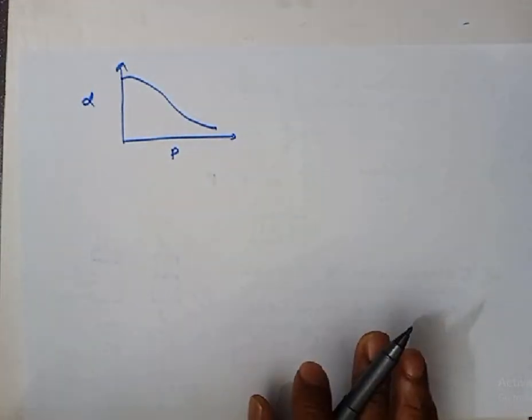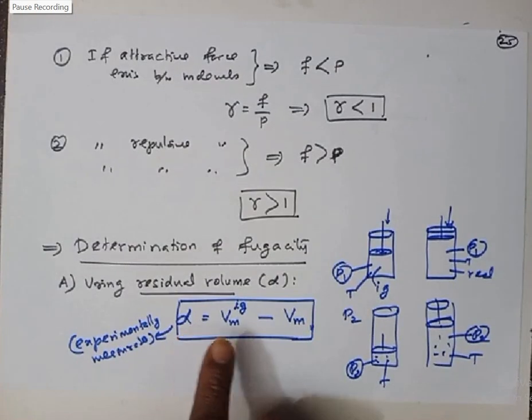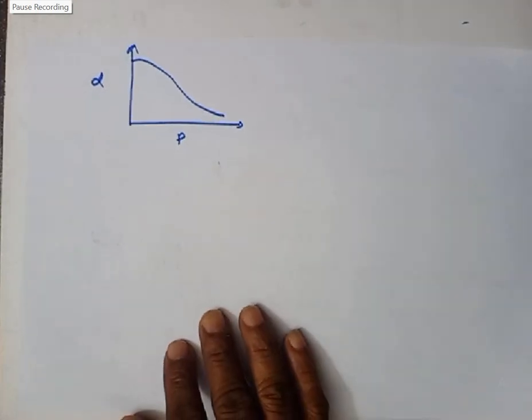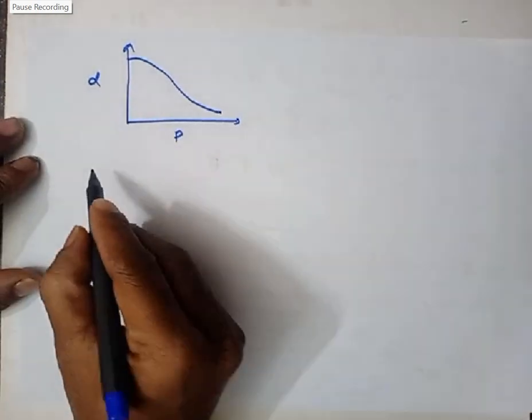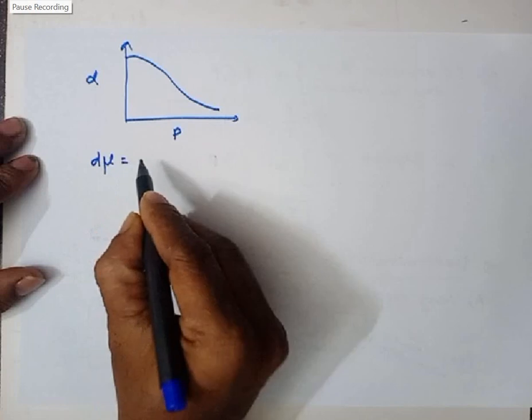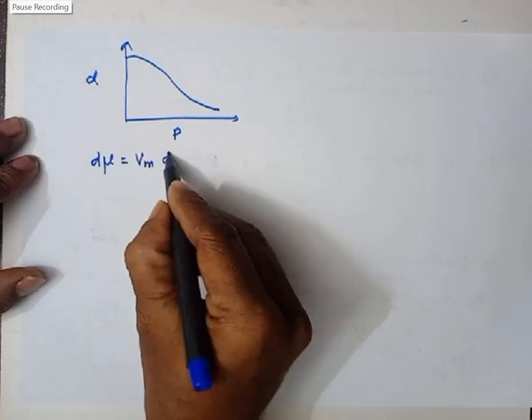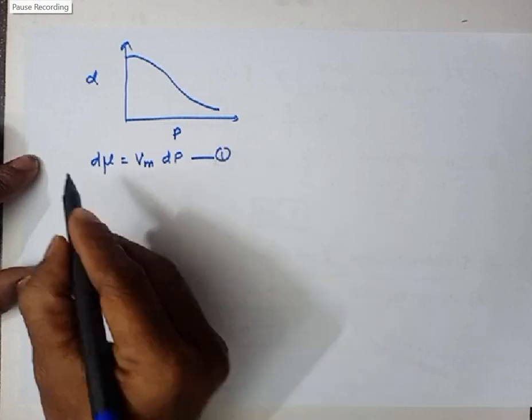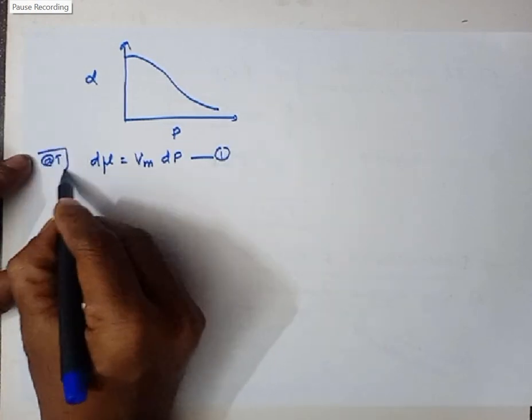Keep that in mind. I'll go back to that equation. Alpha is equal to molar volume of the ideal gas minus molar volume of the real gas. Now listen. We know very well d mu is equal to V molar volume into dP. I'll take this as equation number 1. This we know, at constant temperature.